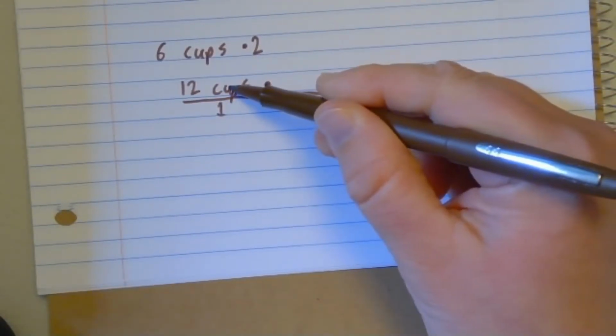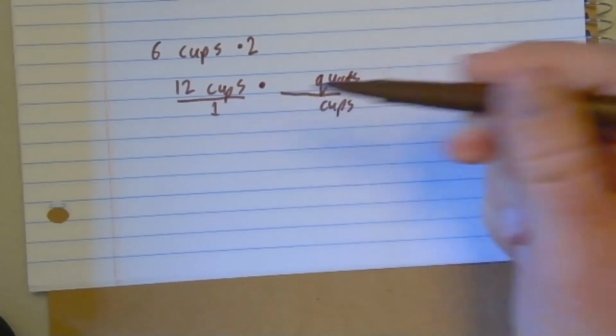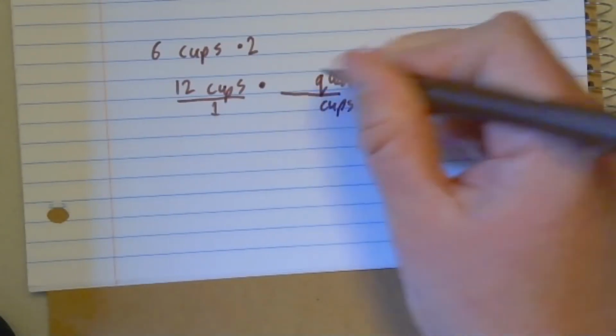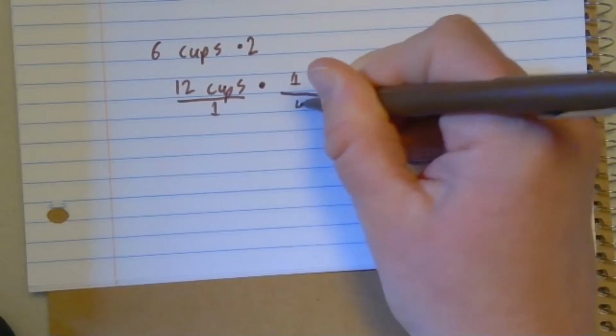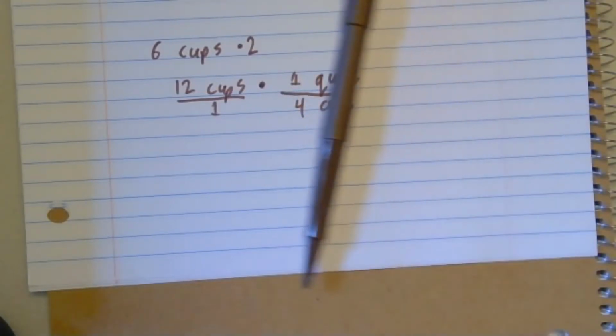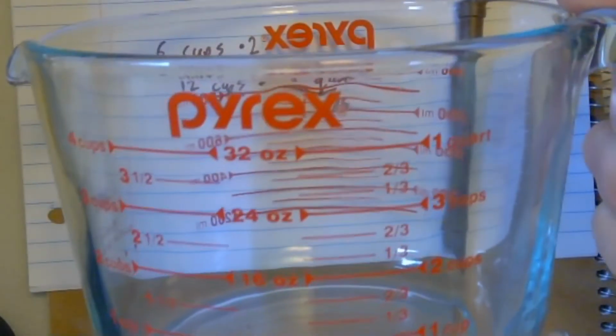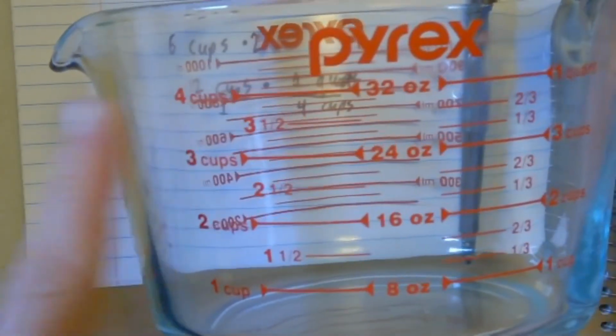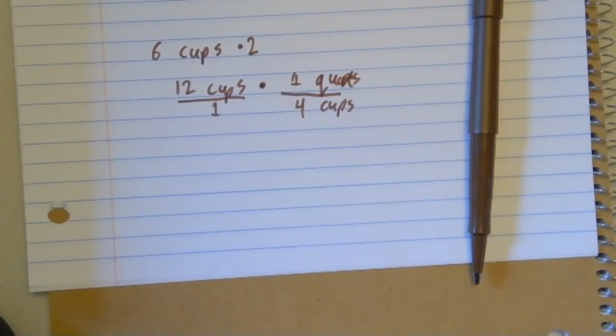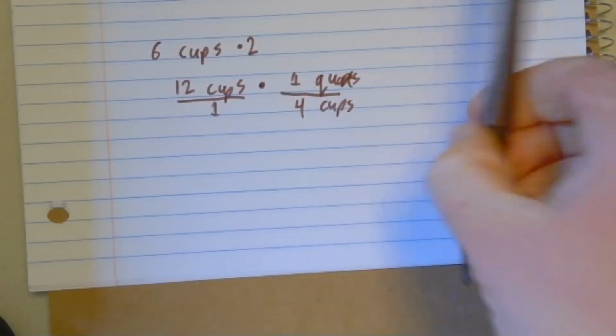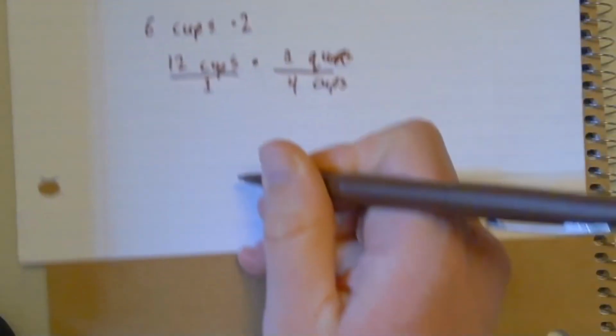I did that strategically because I want this and this to make a 1. And then I look at my conversions and I notice there is 1 quart and 4 cups. Those are the same line on my measure. So they're the same. 1 quart, 4 cups, same amount of juice, same amount of water. So that's 1.